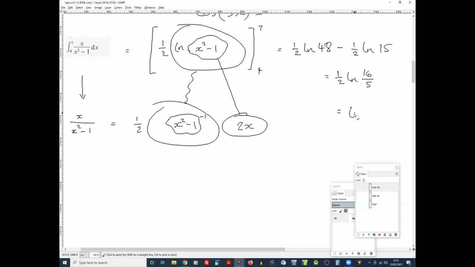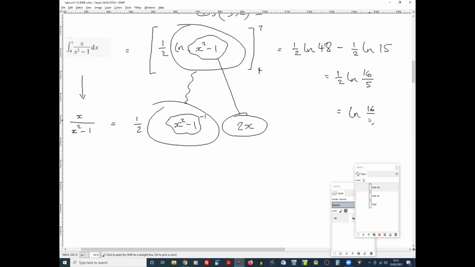Because you could write it as natural log of what? You could write that as natural log. Of course, it doesn't simplify all that much, actually. Perhaps it's best left like that. What were you thinking of saying?